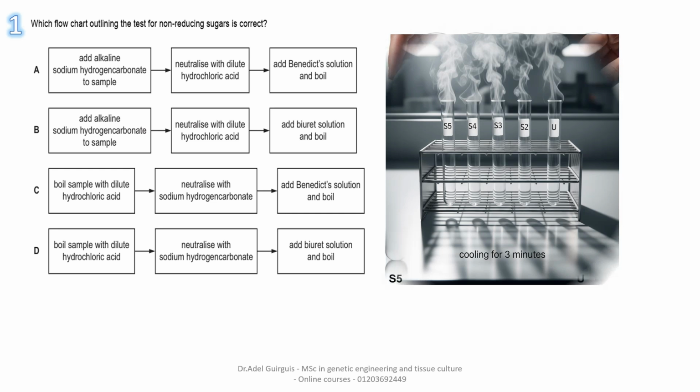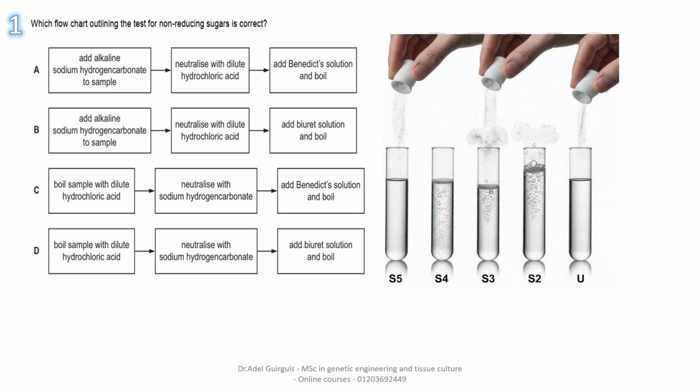Okay, then neutralization of each sample or mixture by adding sodium hydrogen carbonate powder or adding drop-wise certain strong diluted alkali like sodium hydroxide or potassium hydroxide drop by drop and check reaching the end point or the neutralization point by using litmus paper or universal indicator.